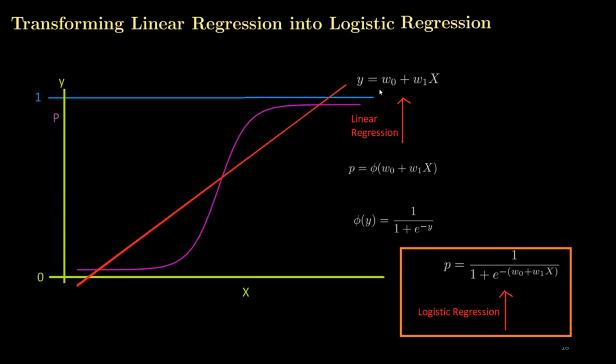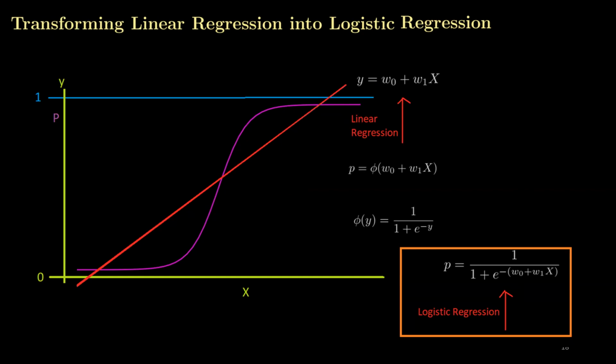If I put the equation of linear regression here in the sigmoid function, then I will be able to transform it into logistic regression. So we just need one step in order to transform a linear regression into a classifier which can give us probabilistic classification.